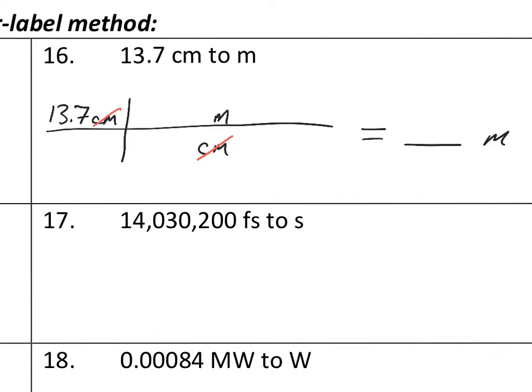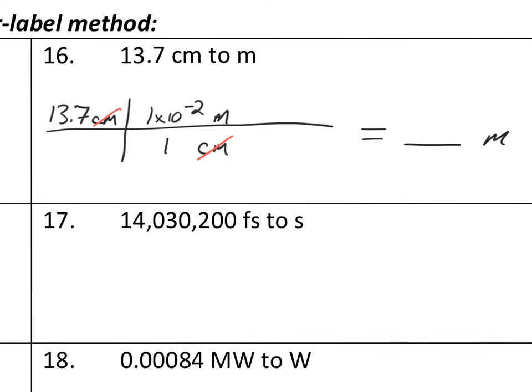But there's 100 centimeters in a meter, so I can do 100 centimeters in 1 meter, or I can do 1 times 10 to the negative 2 meters in 1 centimeter. Oh, I'm sorry, negative 2. My bad. However you want to do it.